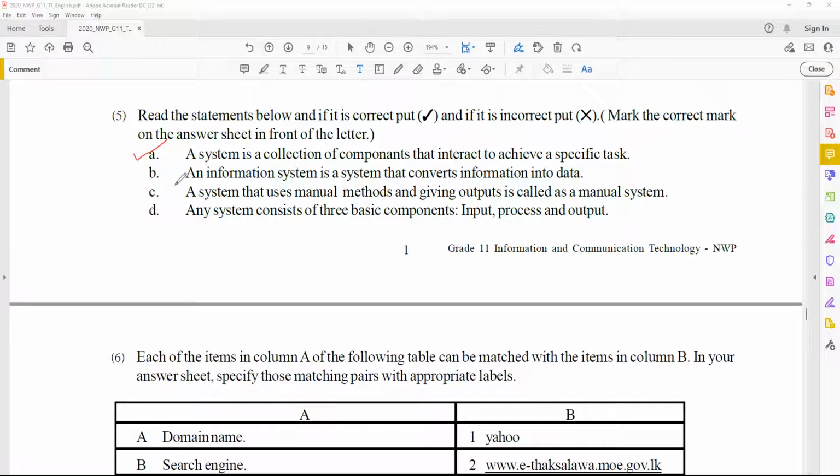The second one, information system is a system that converts information into data. No, nothing like information into data, so B is incorrect. C, a system that uses manual methods and giving output is called a manual system. True, right? And D, any system consists of three basic components: input, process, and output. That is also correct.